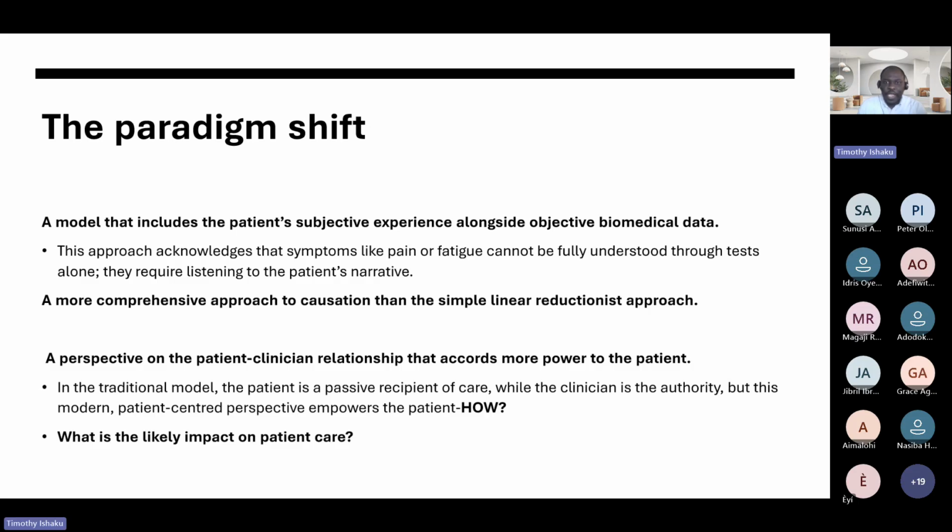So it's not about you dictating to them what they should do, but involving them in the decision-making processes, and that will change what they will do. It's about respecting their values, their preferences, and their goals, like the other speaker mentioned about desires. It's about us treating our patients as active participants in their healthcare journey.